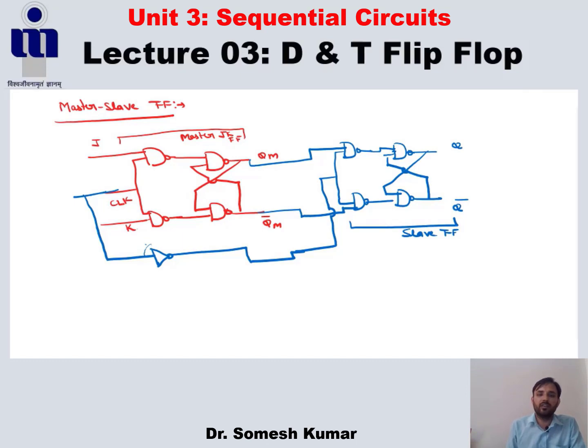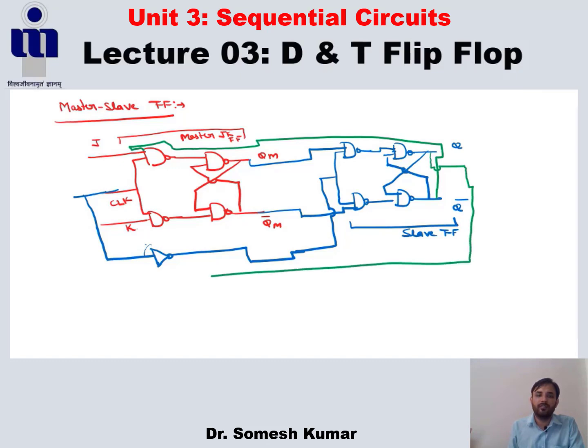In this master slave flip-flop, basically the feedback, this Q bar, is given as feedback to the master flip-flop like this. And this Q is fed back to the master flip-flop like this. Fine. So this is now the complete master slave flip-flop.